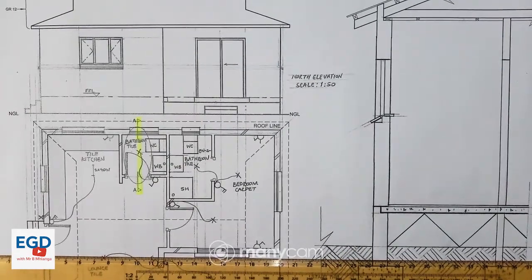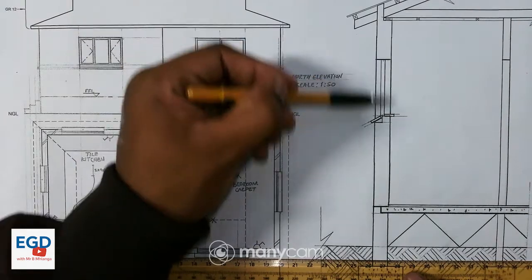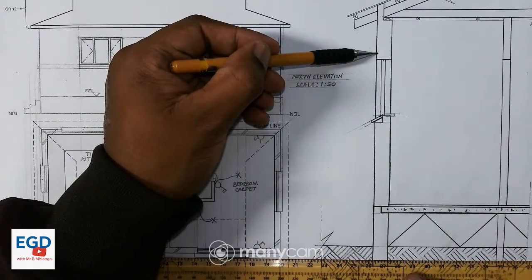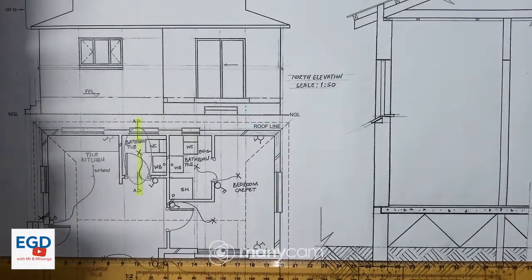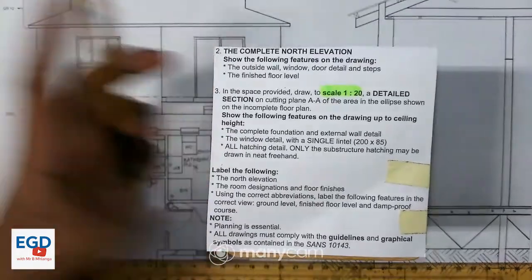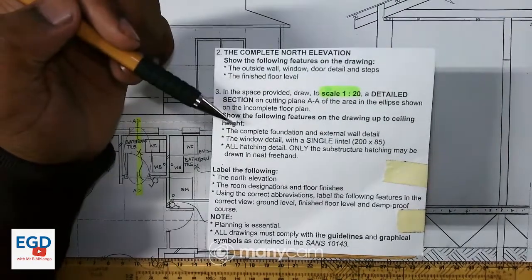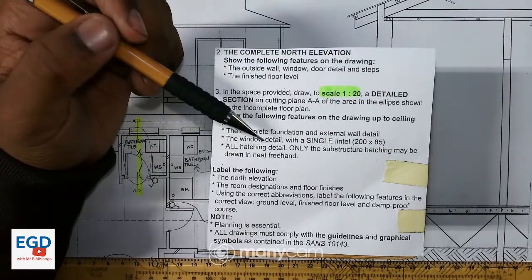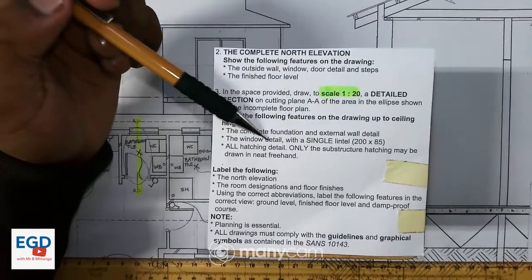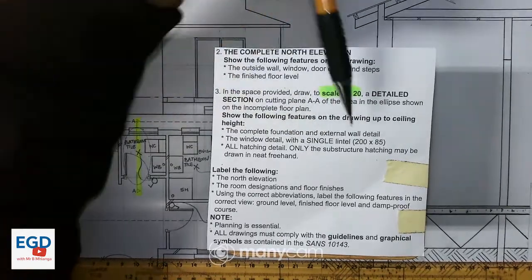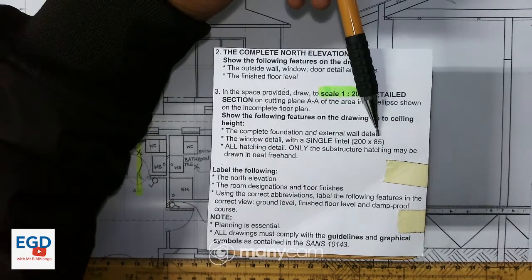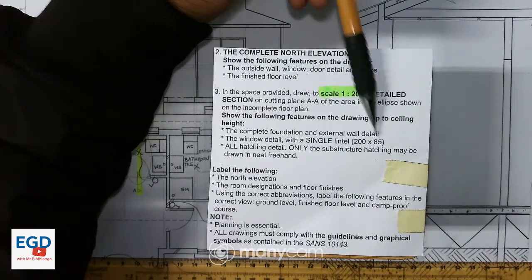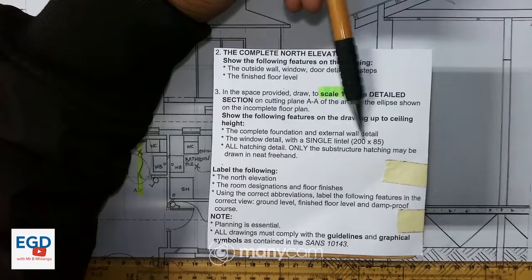Okay, I'm almost there. So now, because I have the window there, I'll have to add the lintel just above the window frame, right? So if I check my instructions, we are given that the lintel is 200 by 85. So this 85 is the height or the thickness of the lintel, and this is the width, right?